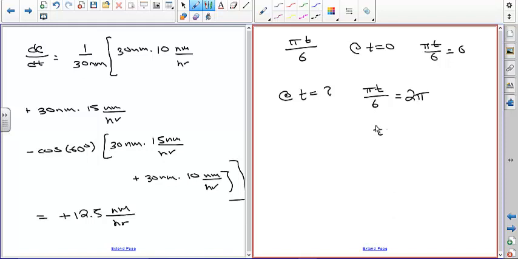So t equals, and I guess we'll assume they're seconds. Yeah, it says seconds. So Cassie, what's t? 12 seconds, yeah. So the pi's cancel out, multiply both sides by 6, and you get 12 seconds. So that's the time for one complete cycle.